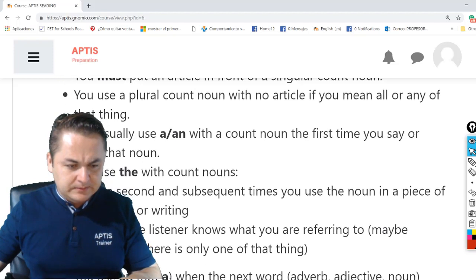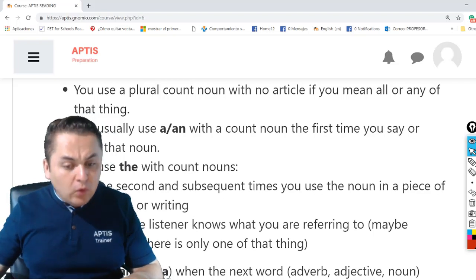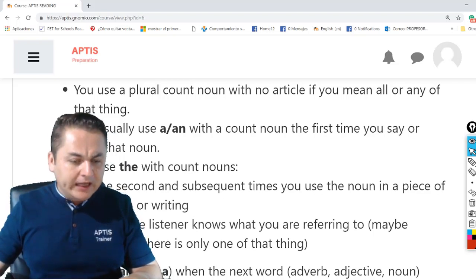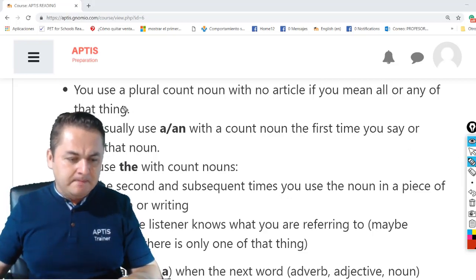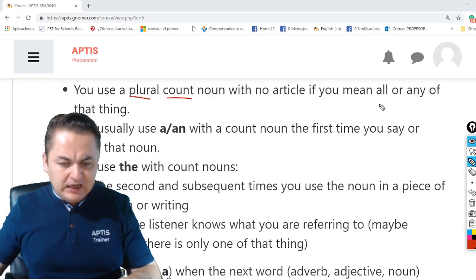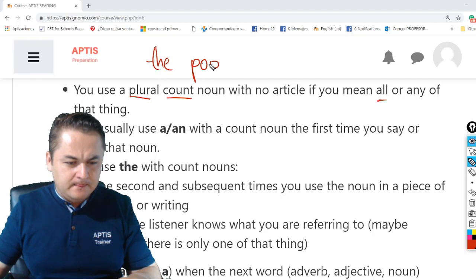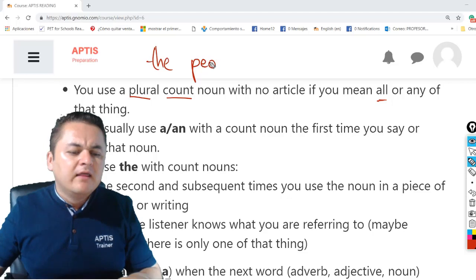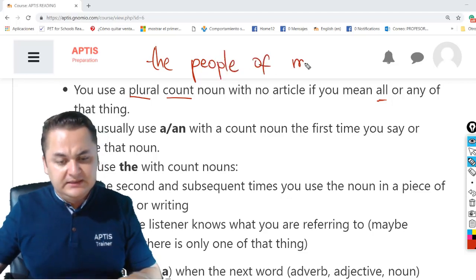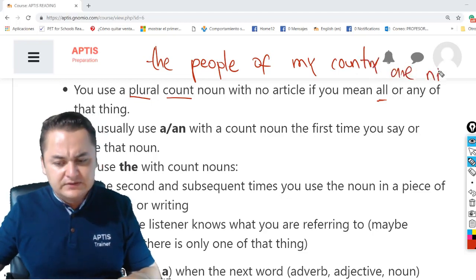Then it says, you use a plural count noun with no article if you mean all or any of that thing. So, for instance, I'd say "the people of my country are nice."